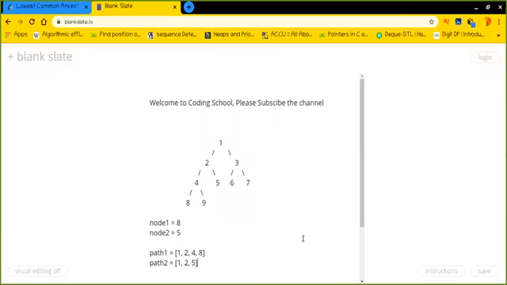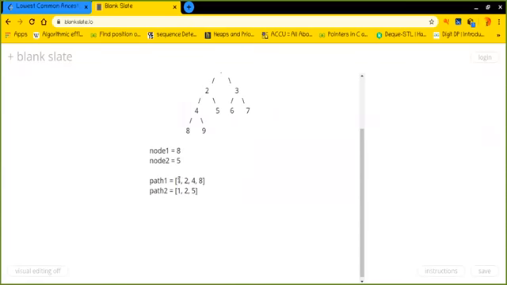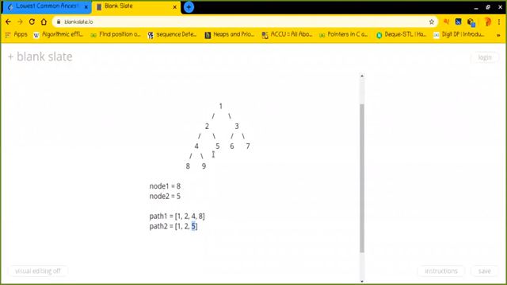What we see right here is, when we start moving from 1, these two values will definitely be the same, because we are starting from 1. When we are at 2, everything is still okay, but after 2 these two are taking two different ways to reach 8 and 5.